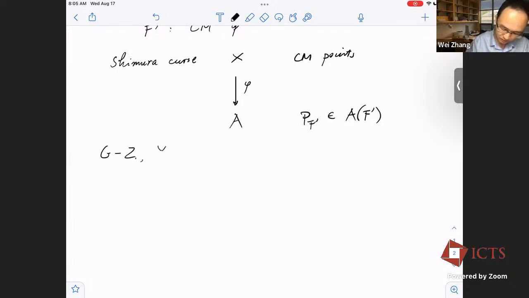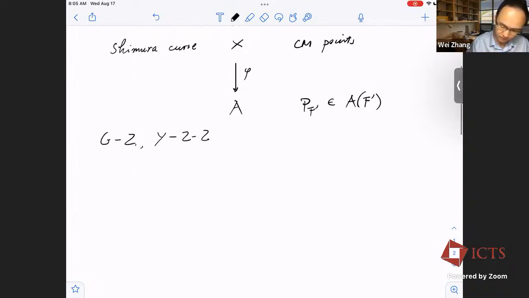Then the Gross-Zagier formula, generalized by Xinyi Yuan, Shou-Wu Zhang, and myself, computes the height, the rotated height.